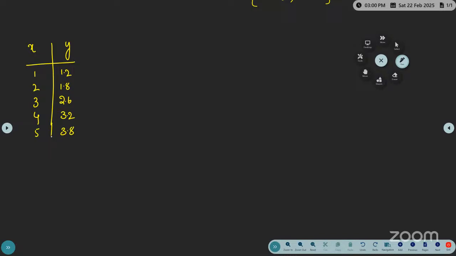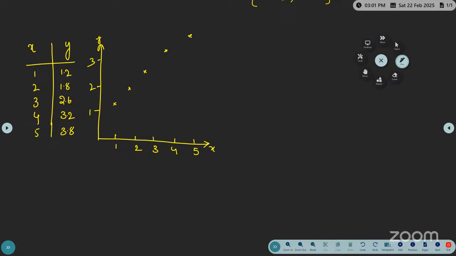First, we'll try to put these values in a graph. Now you can see we have multiple values here.